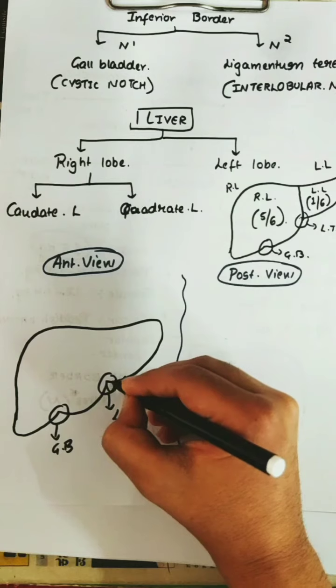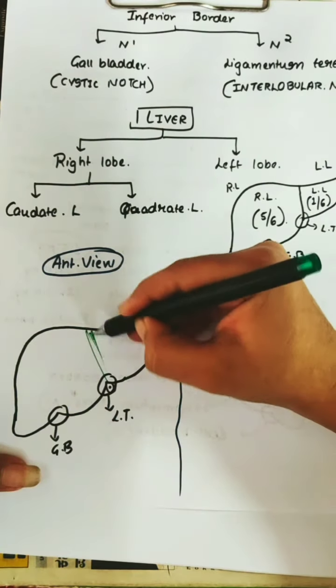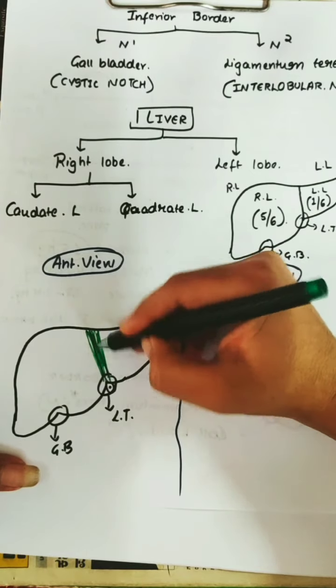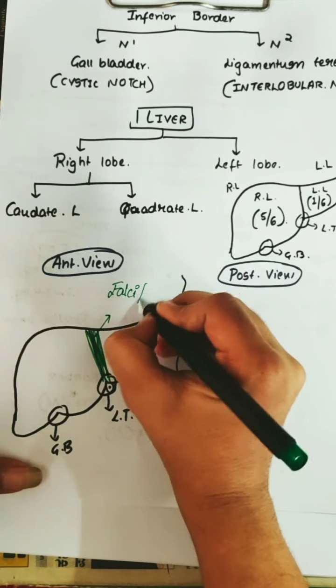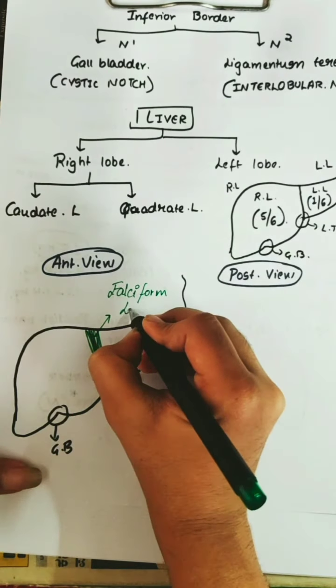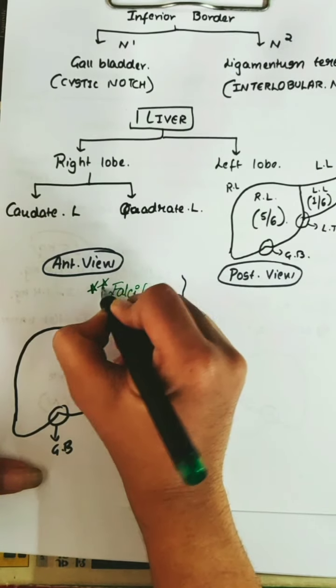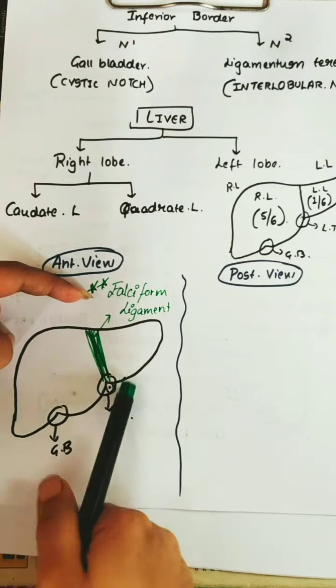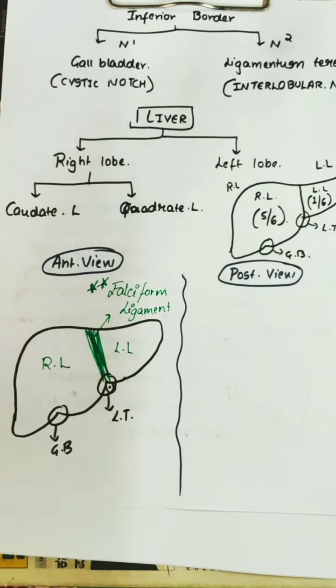If there is ligamentum teres here, there is a ligament present here, and this ligament is called the falciform ligament. Very important: the falciform ligament is the one which divides the liver into the left lobe as well as the right lobe.